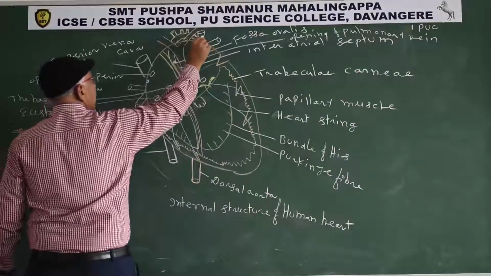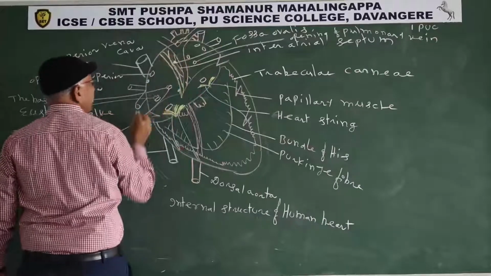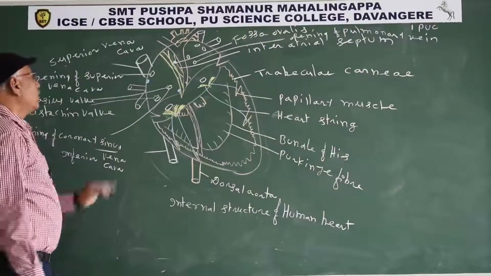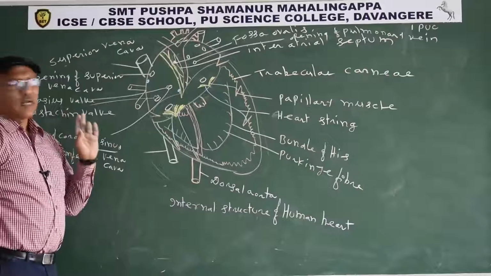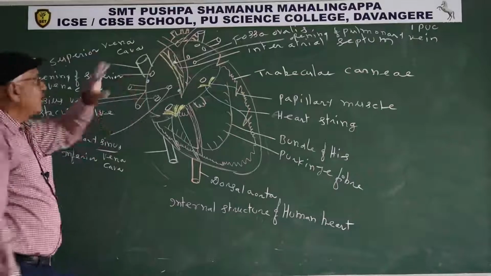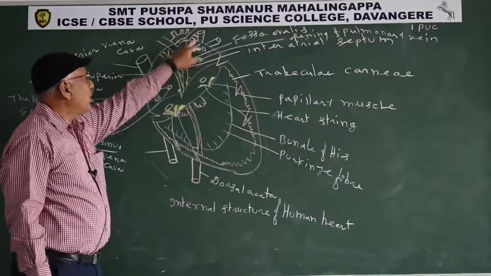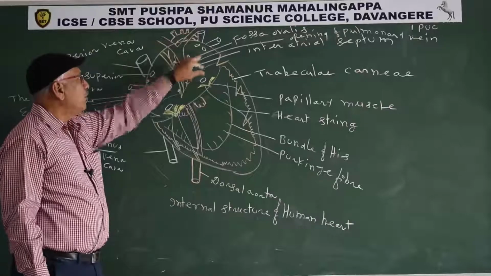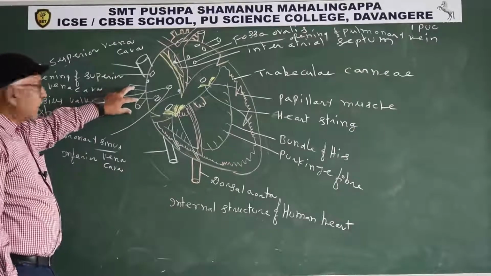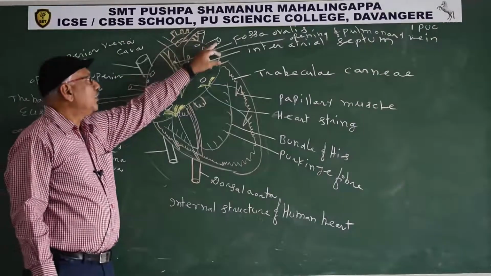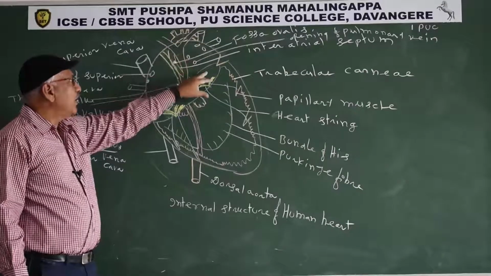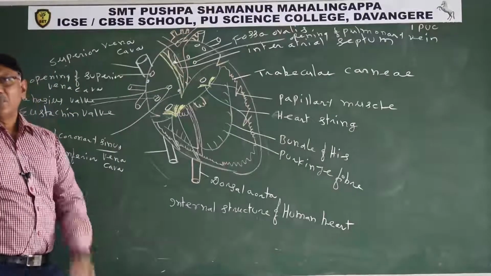Two pulmonary veins arise from the left lung, and 2 pulmonary veins arise from the right lung. These 4 pulmonary veins pour the oxygenated blood into the left atrium through separate apertures.